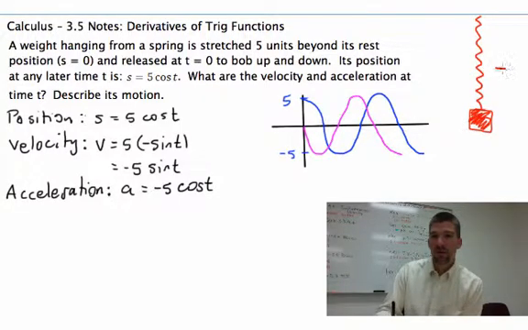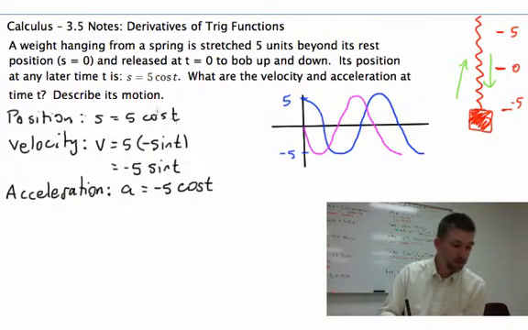So if this would be 0, this would be up 5. So here we are at negative 5. Okay, so this weight is going to bounce up and down. All right, and we can look at these two graphs and determine all kinds of different things.